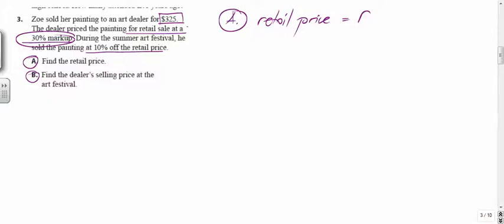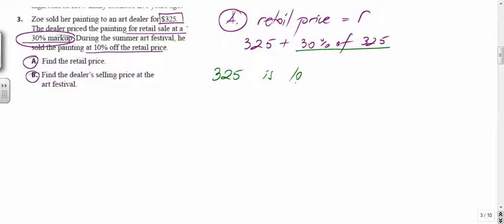So this is the way you have to think about it: the retail price was 325 plus 30% of 325. Okay, so we definitely need to find what is 30% of 325. And we know that 325 is 100%.